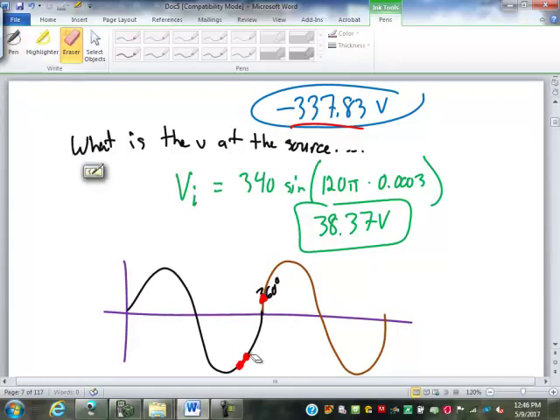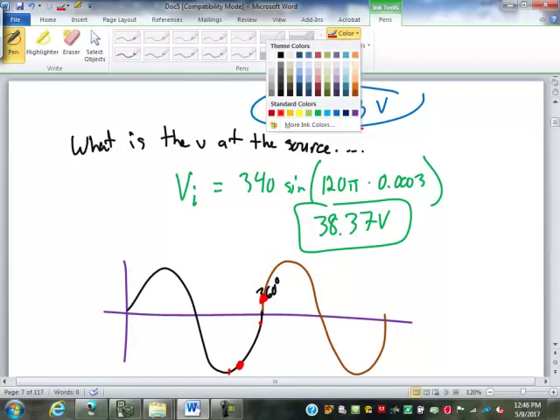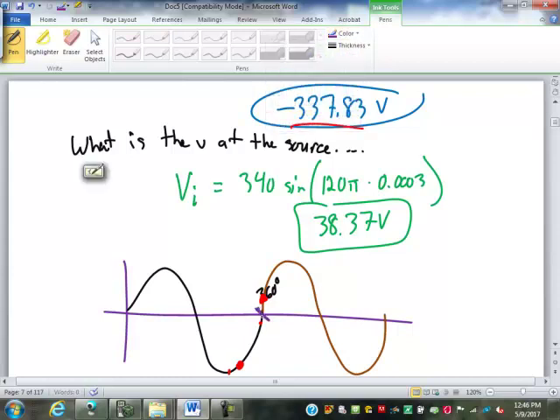It's way down there. But how do I know that it's after this trough instead of before the trough, by the way? Because I know it has to lag this by 90 degrees. This is positive, so it has to be past this point. If the source voltage were down here, then it would have been before it reached the trough. Does that make sense? Because if this were right here at 0, that means this is dead at the bottom of the trough.